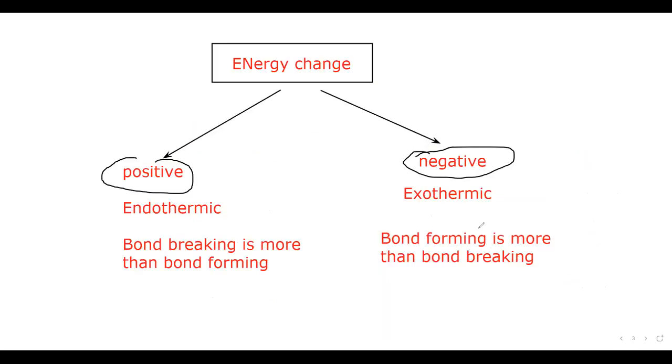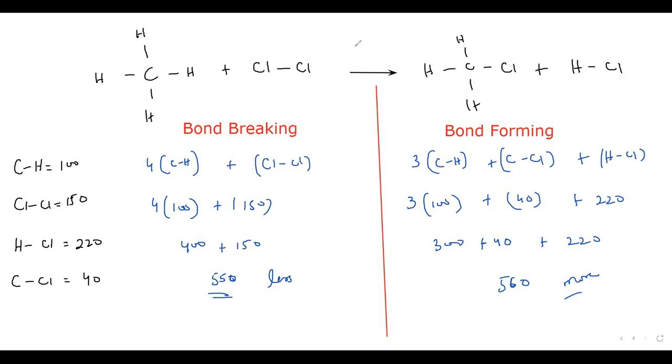As you can see, if the bond forming energy is more than the bond breaking, the reaction will be exothermic. And we can also calculate the energy change. Yes, this reaction will be exothermic. When we calculate the energy change, the formula is the bond breaking energy minus the bond forming energy.